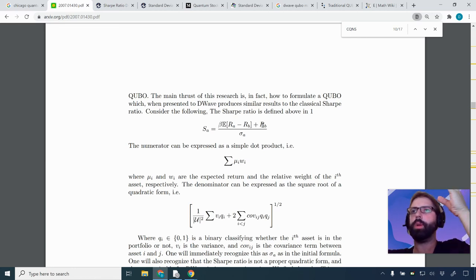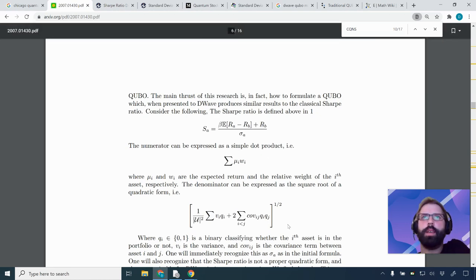So you want assets that between them have a low covariance, right? Right. Because if you have high covariance, then you're going to have a lot of volatility in there. I guess so.